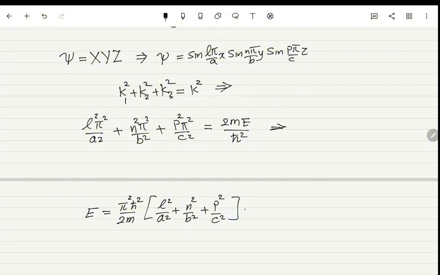Now, if we want to have the minimum value of E, set L equal n equal p equal to 1.